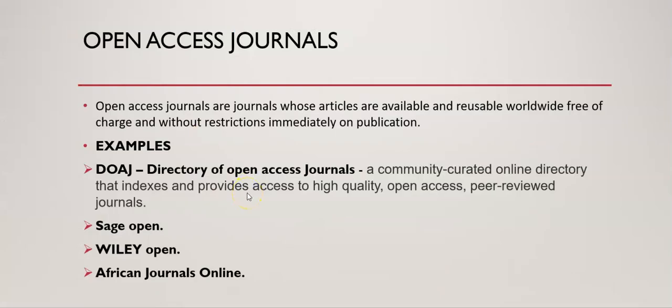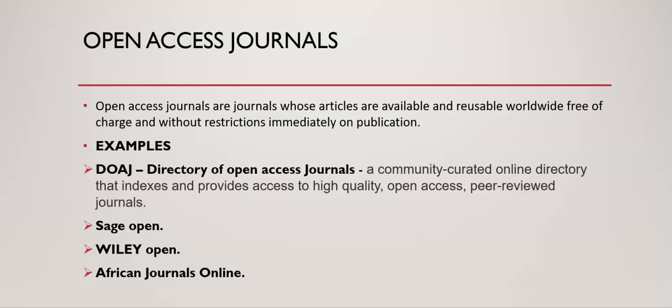Okay, so we have examples. There's DOAJ, the Directory of Open Access Journals. It's a very rich site, a community curated online directory that indexes and provides access to high quality open access peer reviewed journals.